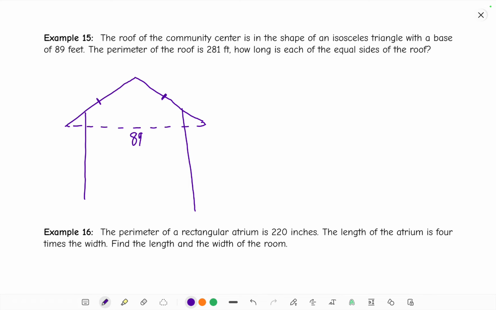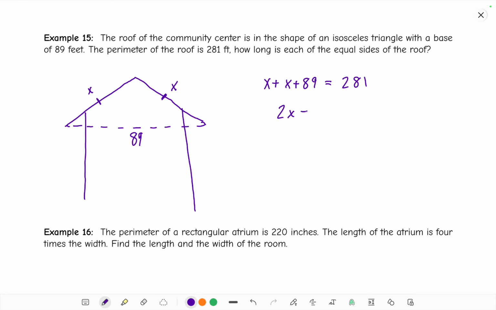Well, I don't know what this side is, so I'll call that X. I also don't know what this side is, but since it's isosceles, it has to be the same as the other side, so that'll be X as well. And then we have 89. Well, the perimeter of any shape is just the sum of all the sides. So X plus X plus 89 has to equal the perimeter, which was 281.